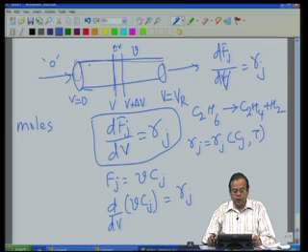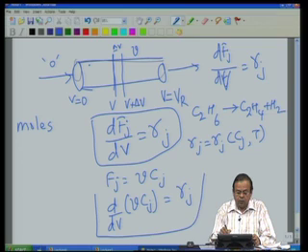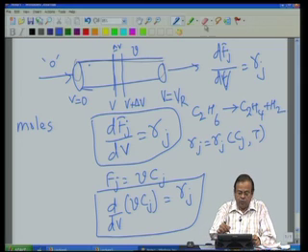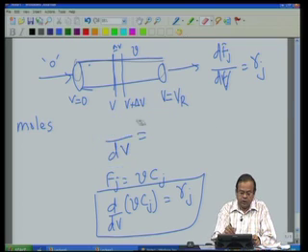I will also bring your attention to a more common form which you might have seen earlier, that this is our mass balance equation. This mass balance equation can be further simplified, and what are the conditions under which it can be further simplified? The conditions are as follows.